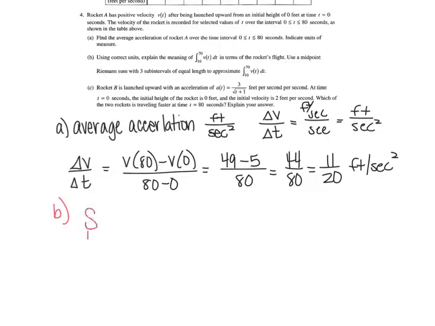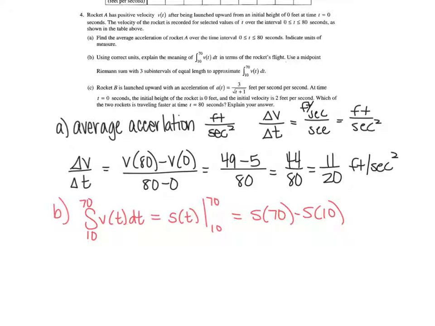Okay, so the integral from 10 to 70 of V of t dt, if we were to find the antiderivative of velocity, aren't we at position from 10 to 70? So wouldn't this be s of 70 minus s of 10, because you take the antiderivative and then evaluate top minus bottom? So this represents change in position.